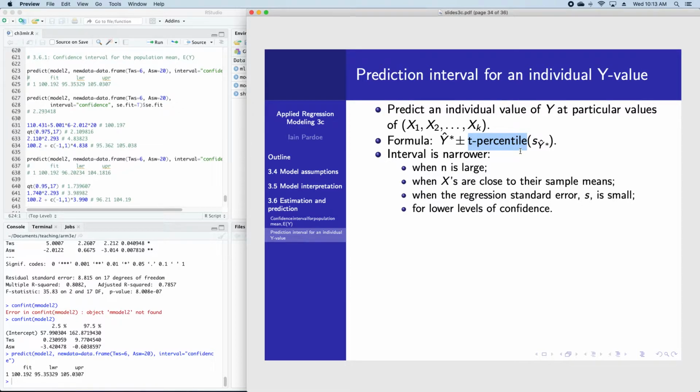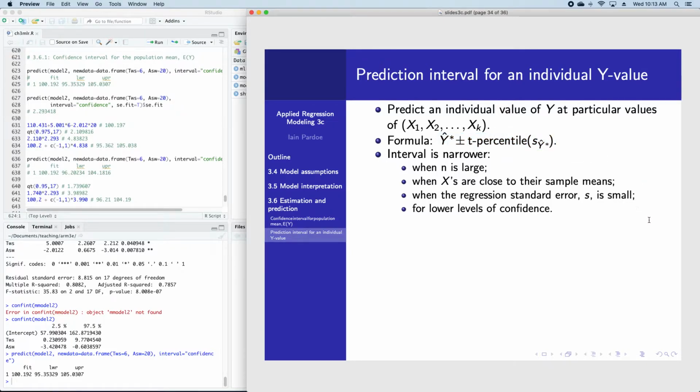That t percentile will be the same as in the confidence interval. And now we've got a standard error of prediction rather than a standard error of estimation. The standard error of prediction is always a bigger number than the standard error of estimation, and so this prediction interval is always wider than the corresponding confidence interval for the mean.